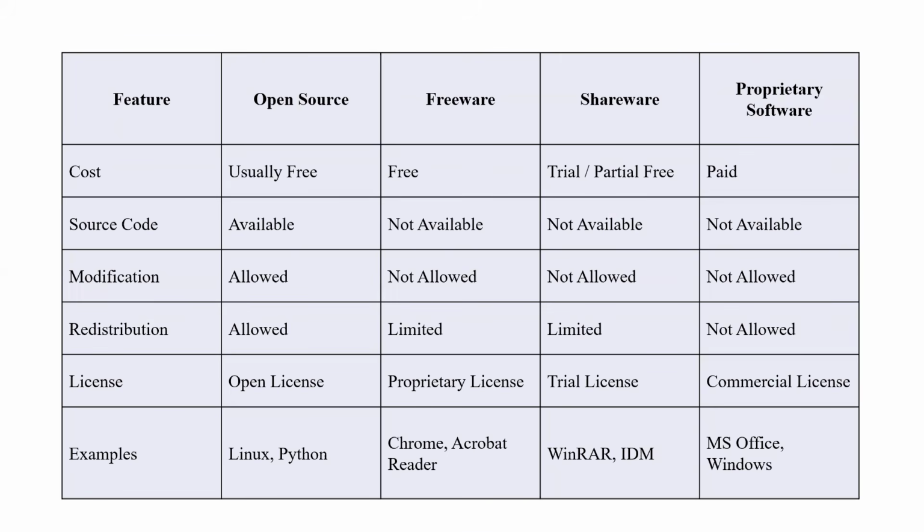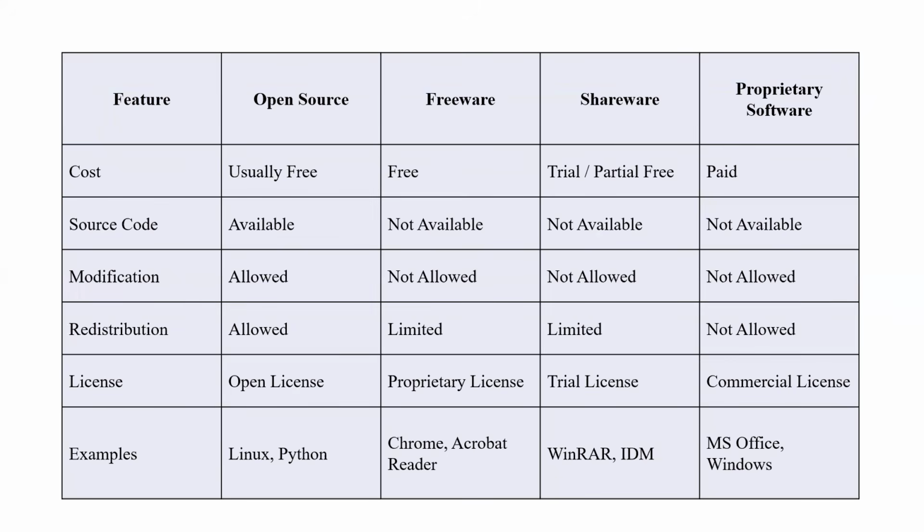So what is open source? I said it is usually free of cost, with source code available to modify. Freeware is free of cost, but source code is not available. But shareware is free of cost only for a limited period of time.